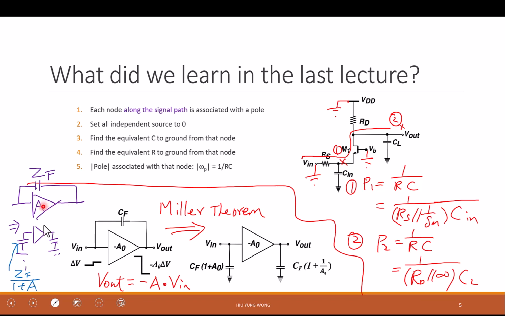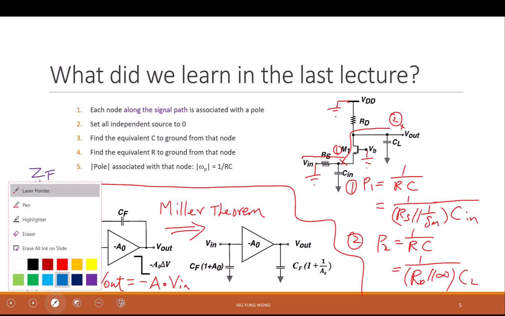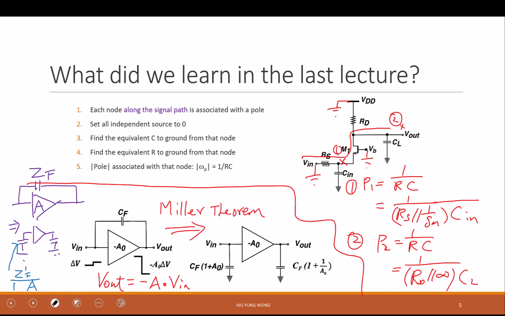First of all, the trick is that this is no longer negative A0, so this is 1 plus A. Second, this is impedance, and impedance is the inverse of the capacitance. When we derive it, we derive the impedance, and then we say the capacitance is the inverse of the impedance. That's why it is CF times 1 plus A0. So this is wrong.